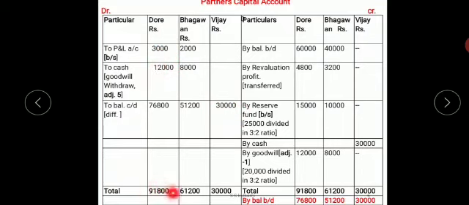Now come to Dore. From Dore 91,800 I should reduce 15,000. Then the resultant figure will give me 76,800. Similarly for Bhagwan, from 61,200 I should reduce 10,000. So it will amount to 51,200.